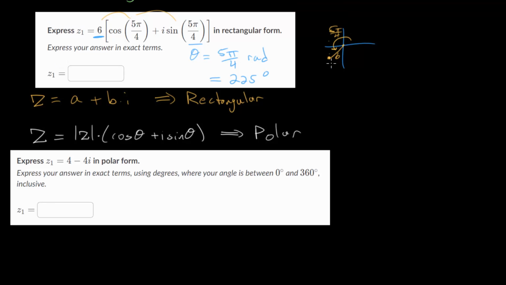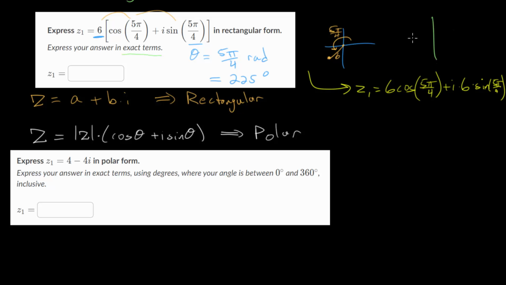Rewriting this problem here, after distributing the 6, we would get 6 multiplied by the cosine of 5 pi over 4 plus i times 6 multiplied by the sine of 5 pi over 4. And we need this answer in exact terms, meaning that we don't want just a decimal approximation. We want to know exactly what the cosine and the sine of this angle actually evaluate to.